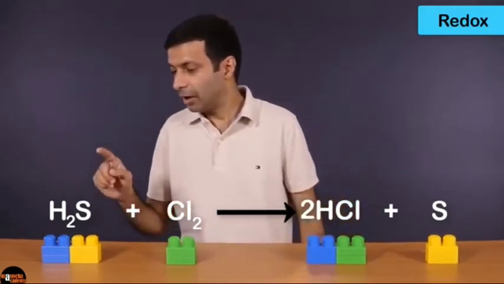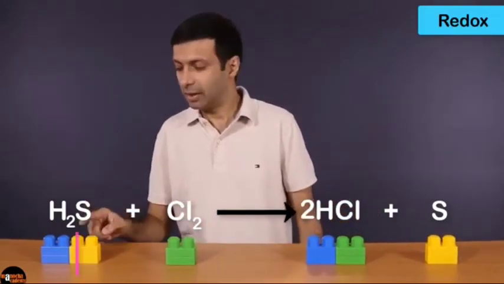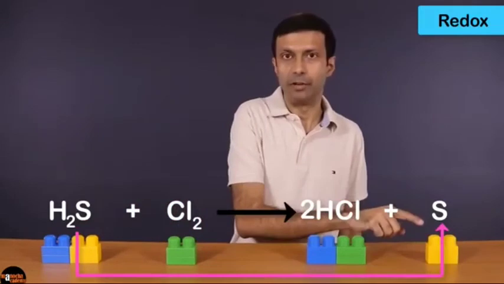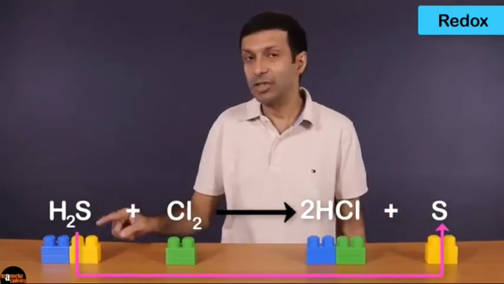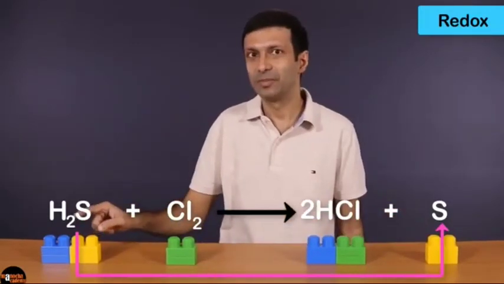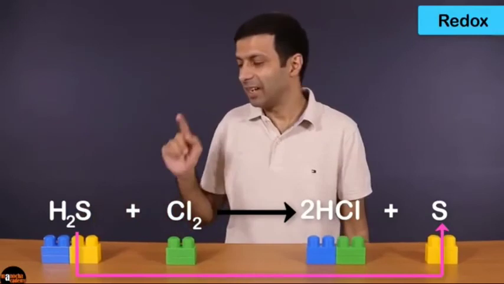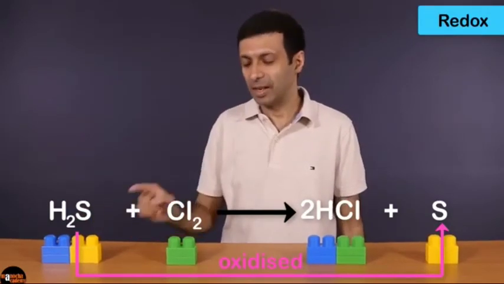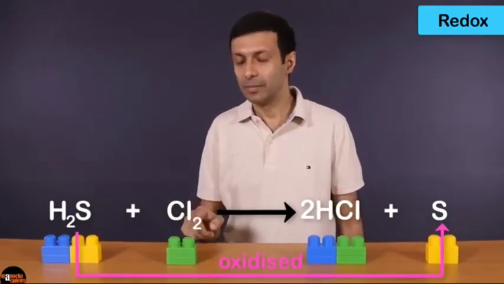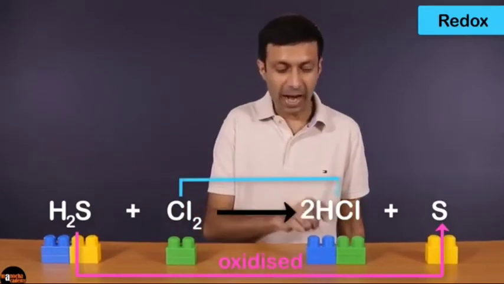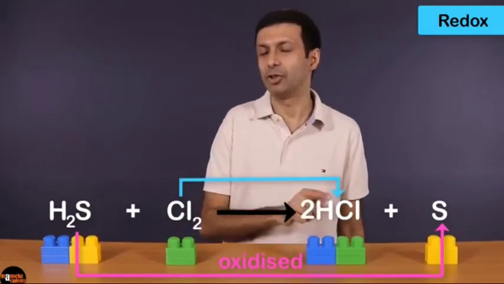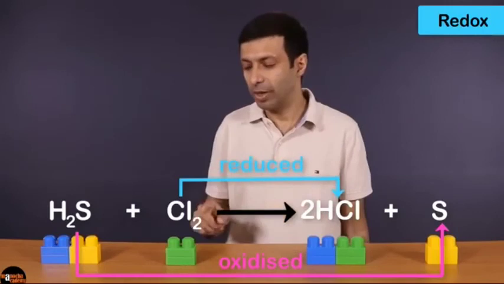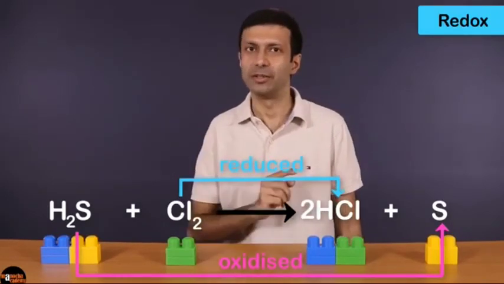So if we see hydrogen sulfide, it's changing to sulfur. Since hydrogen sulfide is losing hydrogen, so that's correct, it's getting oxidized. And if you look at chlorine, hydrogen is being added to it and it's becoming hydrogen chloride. So chlorine is being reduced here.